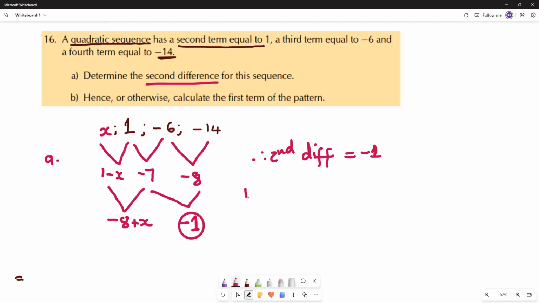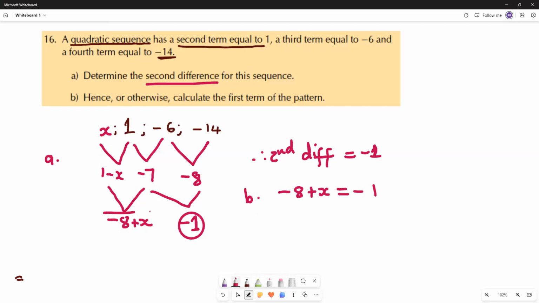Now we can do B. On B, they say hence or otherwise calculate the first term. Remember, the second difference of a quadratic number pattern is constant. So I know that -8 plus x will also be the same as -1.